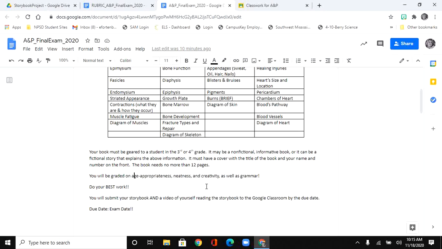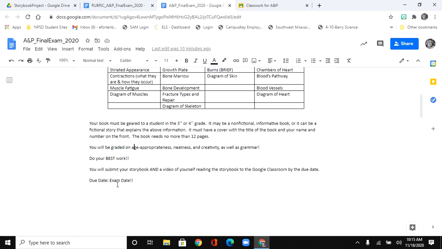You're going to submit your storybook via Google Classroom as well as a video of yourself reading the storybook to the Google Classroom as well. And your due date will be your exam day. So whatever date you're scheduled to take your final exam for A&P, that's the date that you need to make sure that your book has been submitted.